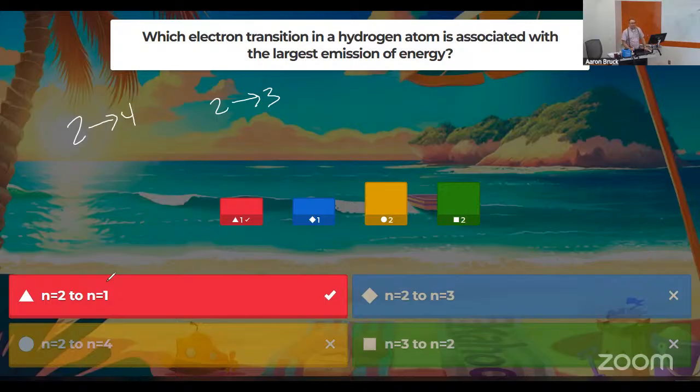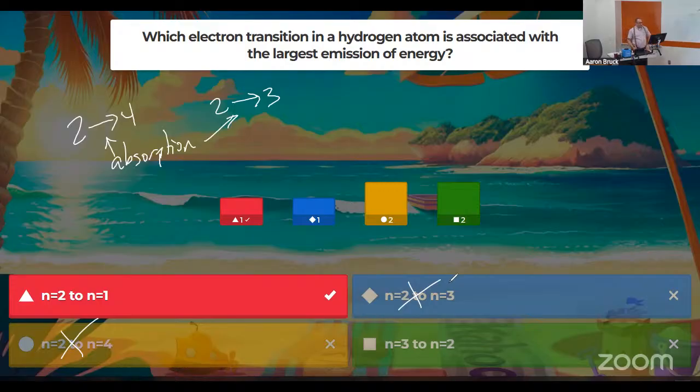It's going to be an absorption of energy. Energy is going to have to be drawn in to get that electron to go up to the higher energy levels. So these are absorptions, not emissions. So we can eliminate those 2 options right off the bat.